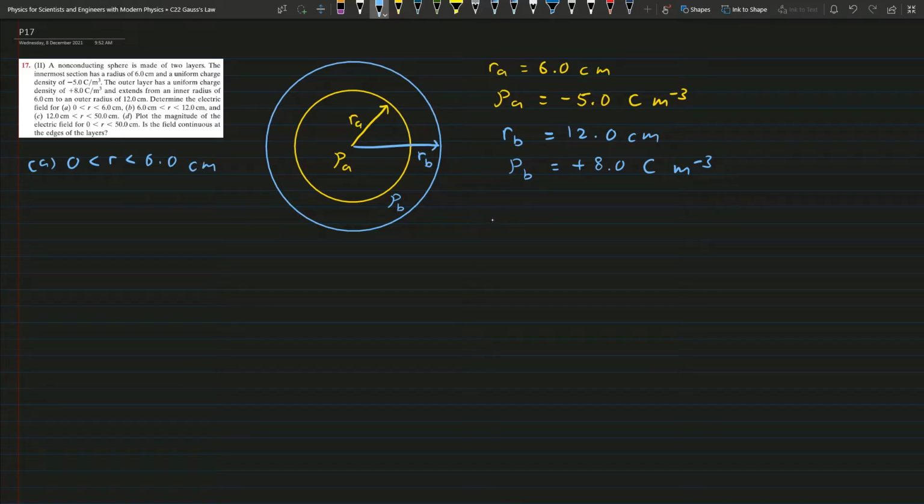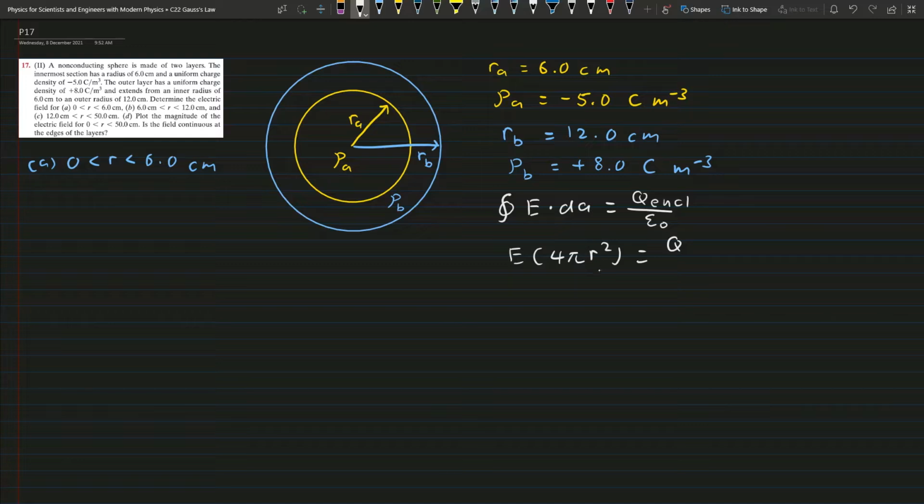So as usual, we start with Gauss's law: closed loop integral E dot dA equals Q enclosed over epsilon naught, and this area is the surface area of the sphere. So this is 4 pi r squared, and this is what we call the Gaussian surface.